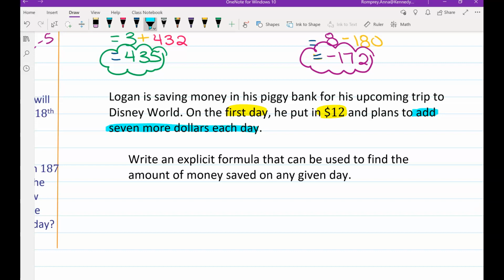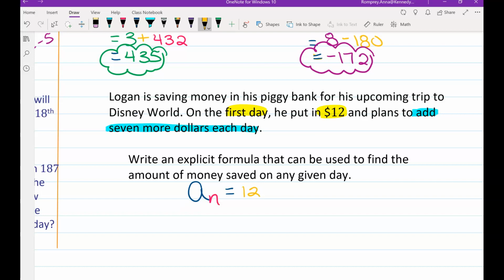Perfect. So write an explicit formula that can be used to find the amount of money saved on any given day. All right, so I've got A sub n, because it's any given day, and they didn't tell me which day yet. So A sub n equals, our first day, 12. He starts off with $12 in the piggy bank.